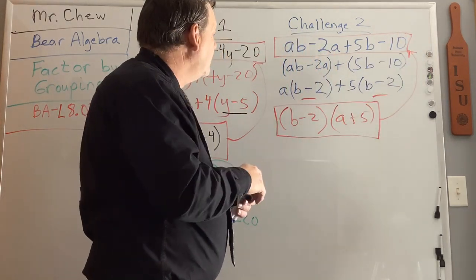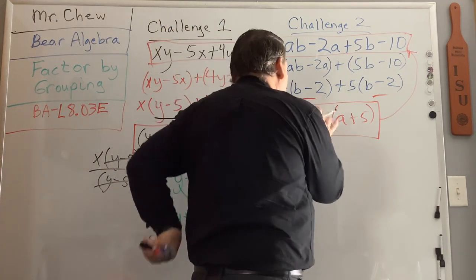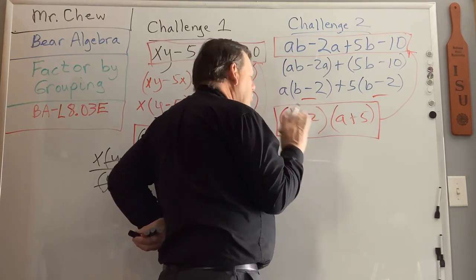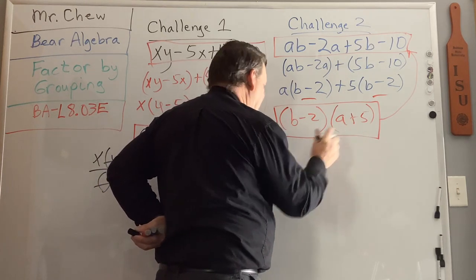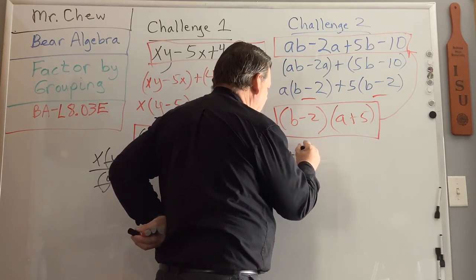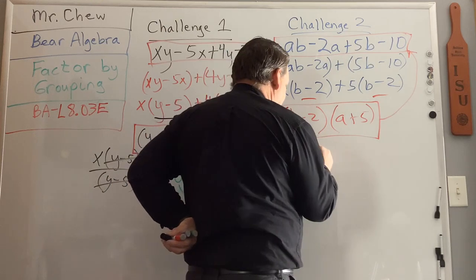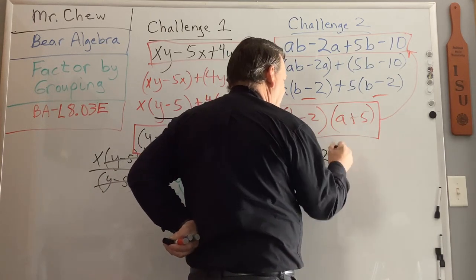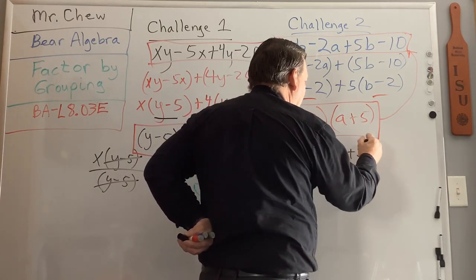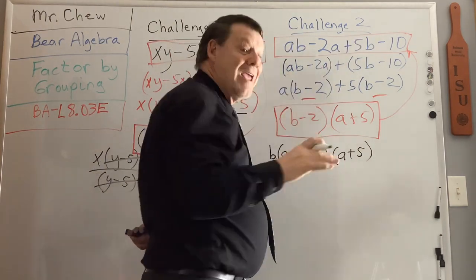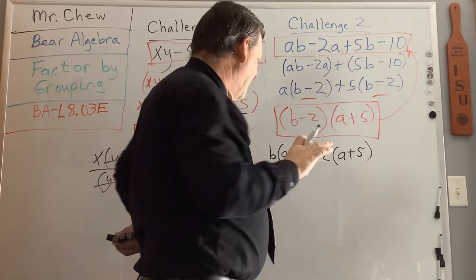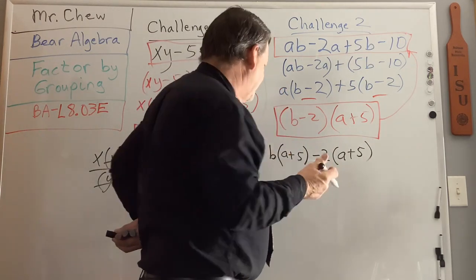Well, let's just check it and see. If I multiply this using the distributive property, I take the b times the a plus 5, and then minus the 2 times a plus 5. And then when I do the distributive property in both of them, I should have that same 4 terms. The two middle ones may be in reverse order like this, but it's still the same terms.